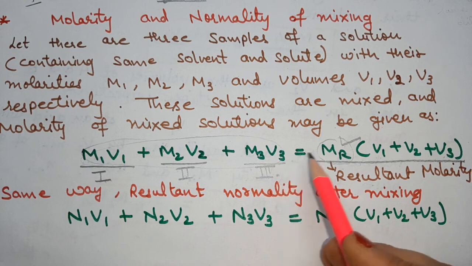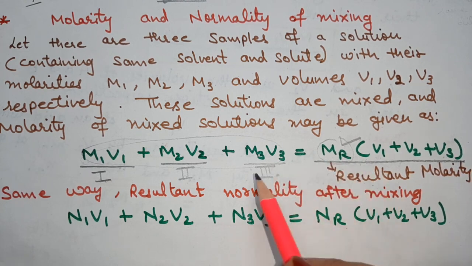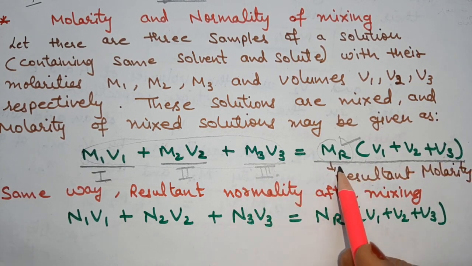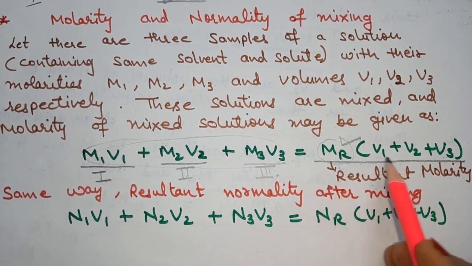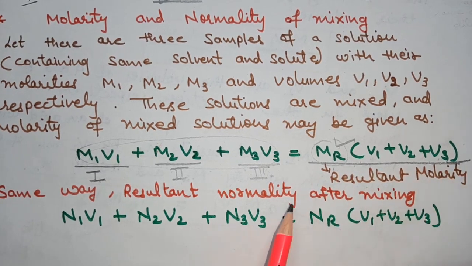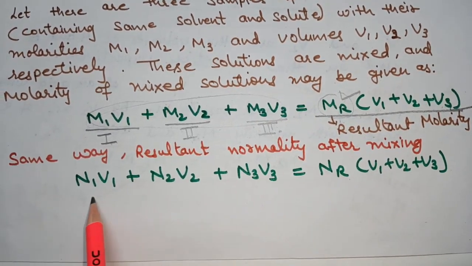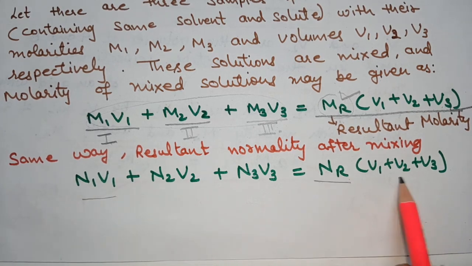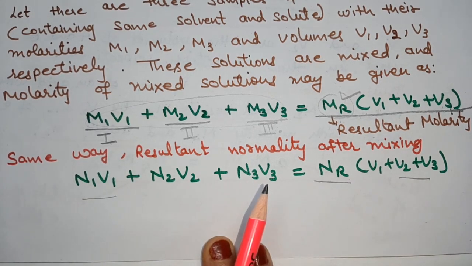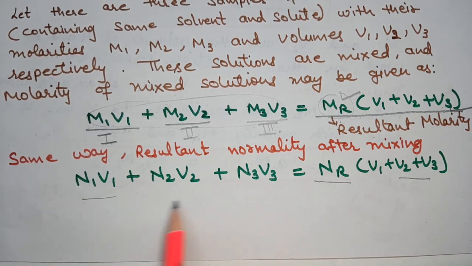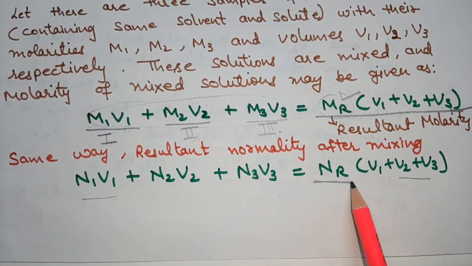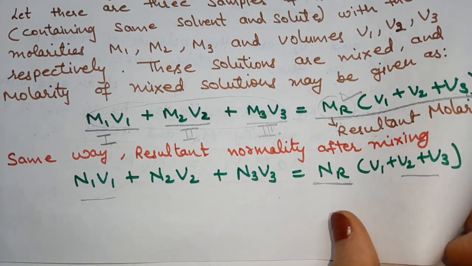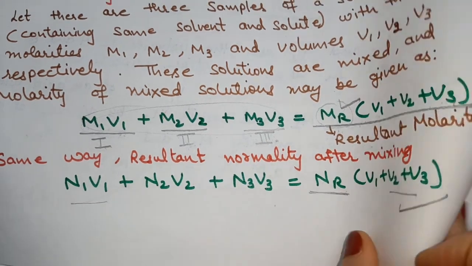Instead of 3, for 4, 5 or any number of solutions mixed together, the resultant molarity can be calculated by using this formula. In the same way, the normality of the resultant solution can be calculated if the normalities and volumes of the solutions are given, by using this formula.